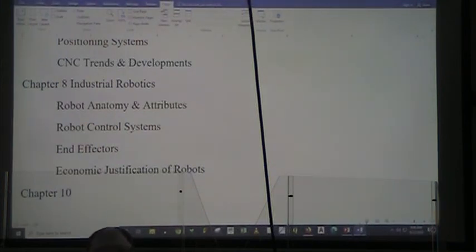All right, so Chapter 10, Material Transport Systems.